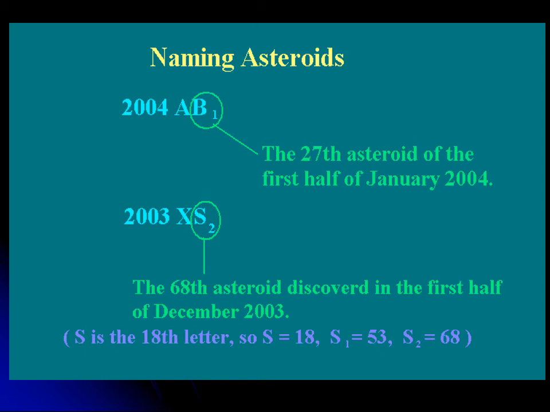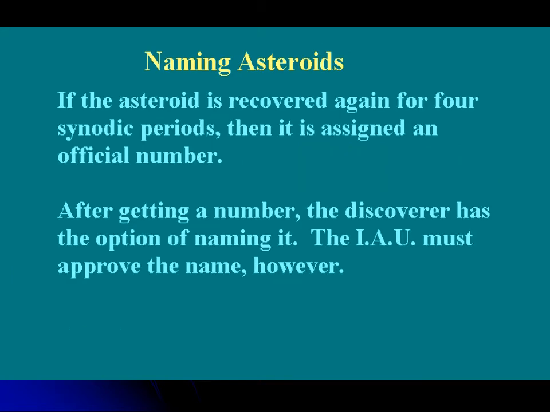They get, first of all, a discovery designation, which is basically just a code for a particular observatory and a number of that. If a second astronomer finds it, and it's verified as a discovery, then it gets this preliminary designation that you see here. And then if it's recovered again and you go through at least 4 synodic periods, then it gets an official number.